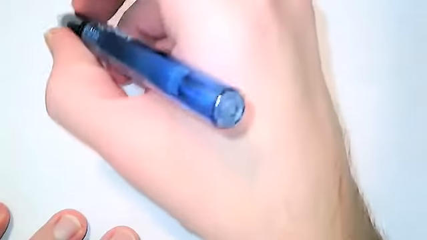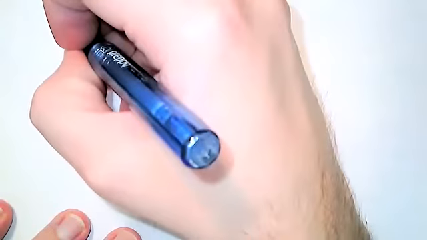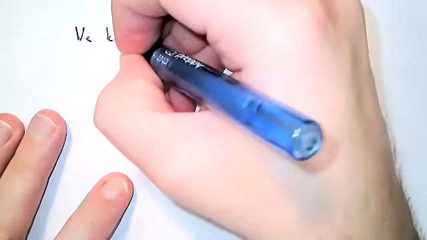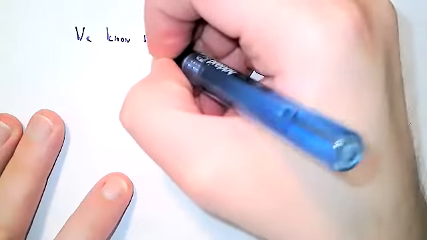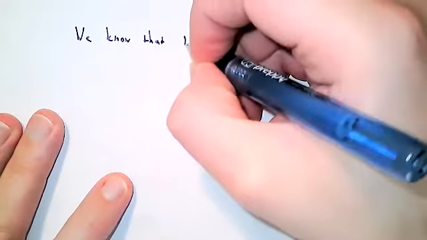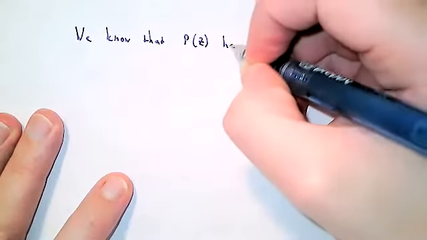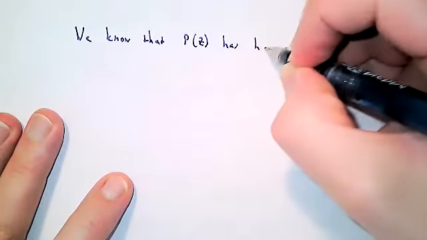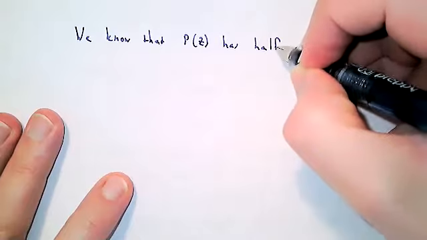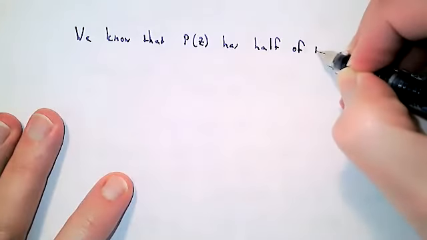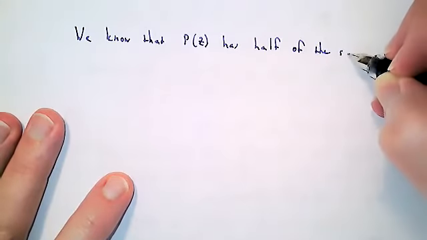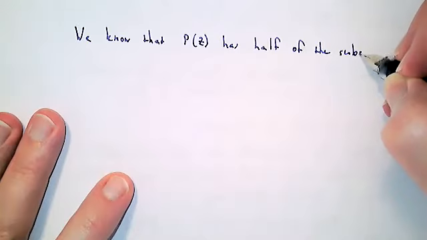And let me write down a little bit of what we know. So we know that the power set of Z has half of the subsets of Y, or the power set of Y.